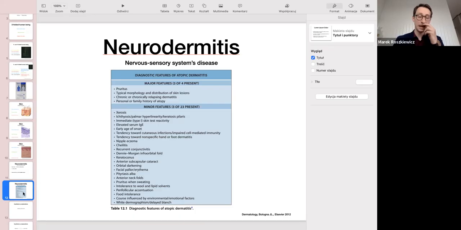Those three are, I would say, enough for us to see atopic dermatitis. And as in anthroposophy, we would say that health is a middle point in the human organism. When the process is going right, it can go to atopic dermatitis. And when it goes left, for example, it can go to psoriasis.